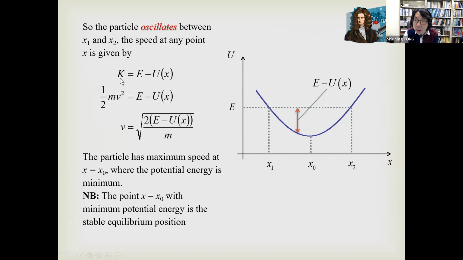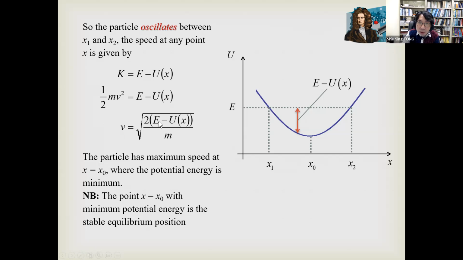So the kinetic energy at any point is E minus U, right? But the kinetic energy is half mv squared. So if I move the 2 and m to the right-hand side and take a square root, V becomes the square root of 2 multiplied by E minus U, divided by m.